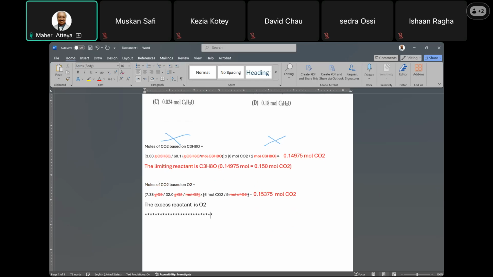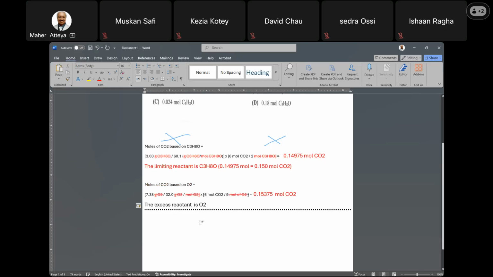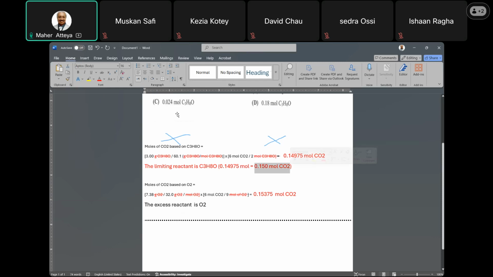So the excess will be based on this amount of CO2 moles here.